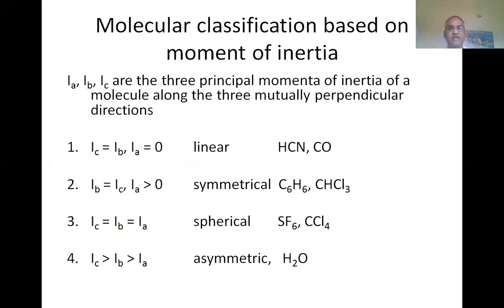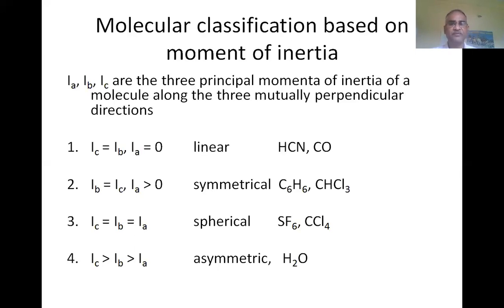So now let us see how molecules are classified basing on moment of inertia. Here we'll be considering three moments of inertia along three mutually perpendicular directions. That means x direction, y direction, and z direction. So IA is one moment of inertia, IB is another, and IC is the third moment of inertia.